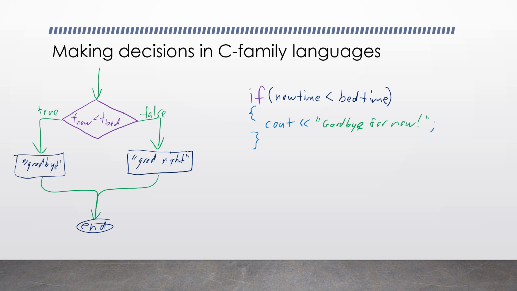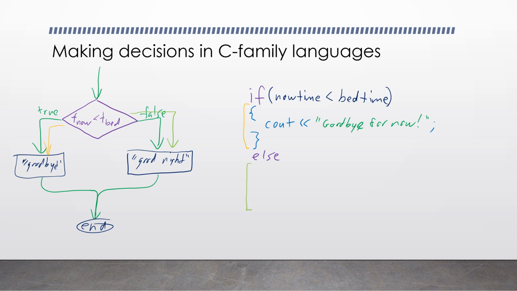Okay. Else, that is, the if now time is less than bedtime took us down this branch here. Else, that's if now is not less than bedtime, that's going to take us down this other branch.